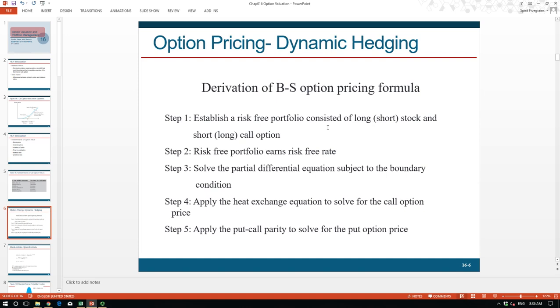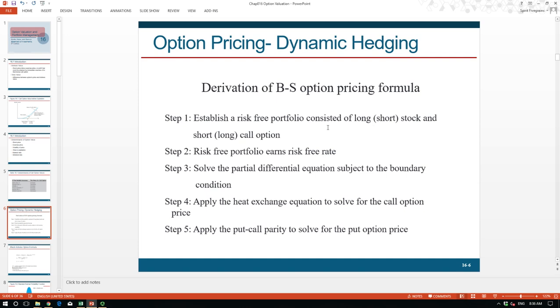And then the third step, here you have a risk-free portfolio, and the return on this risk-free portfolio equals the risk-free rate. And here you have a formula. But this formula is pretty complicated because it's not just the left side equal to right side, right?